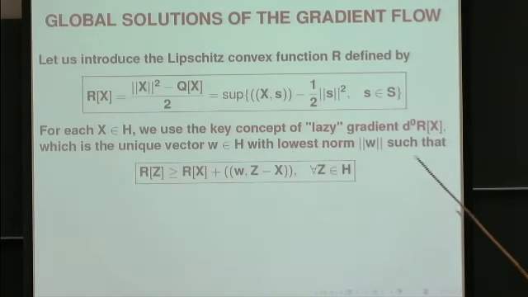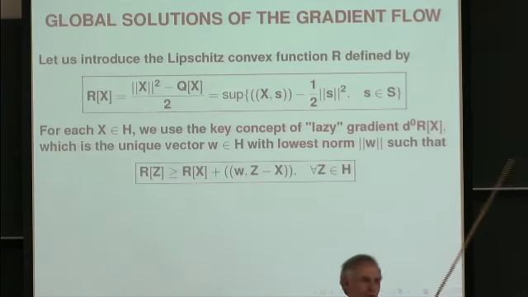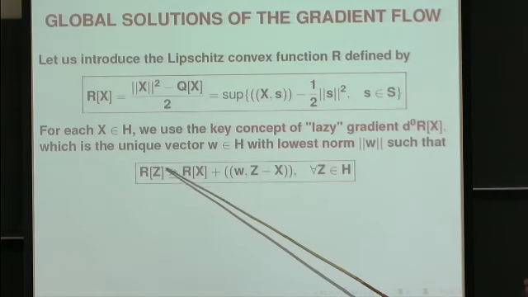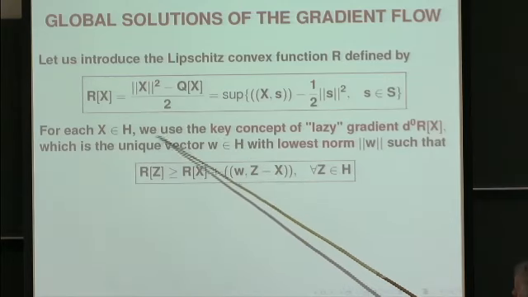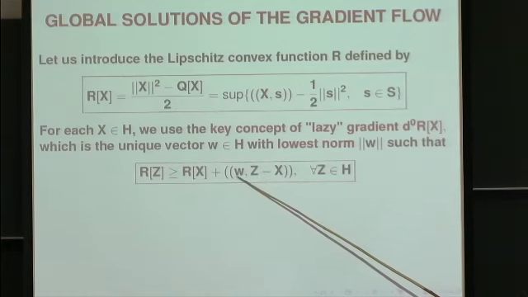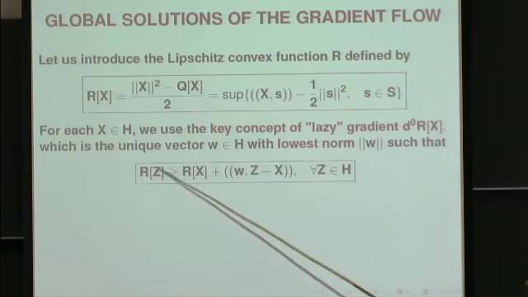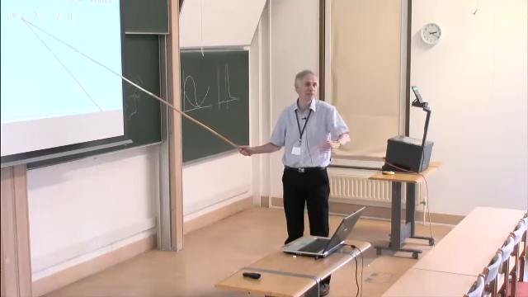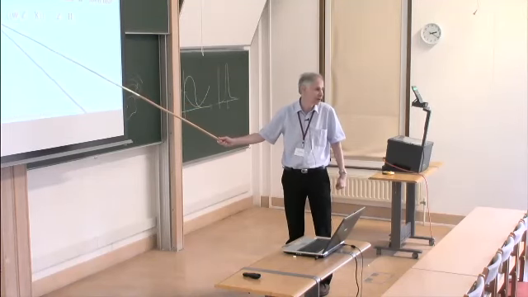For instance, I think this would be the terminology used by people like Ambrosio and Savaré. They would say the minimal section. So you fix x, and now you consider the w such that you have this inequality for all z in H. So this is a supporting plane for the convex function R.